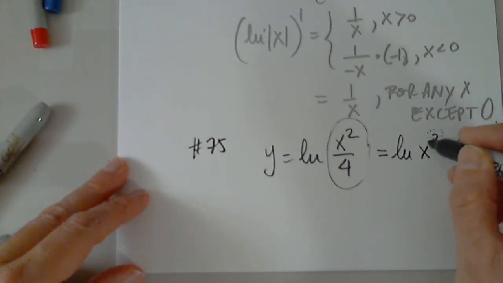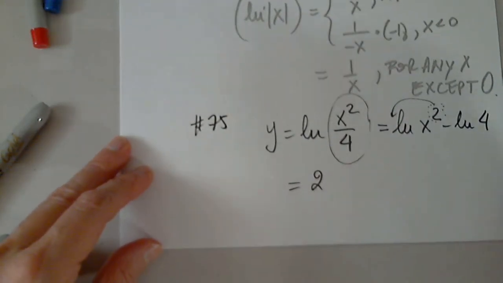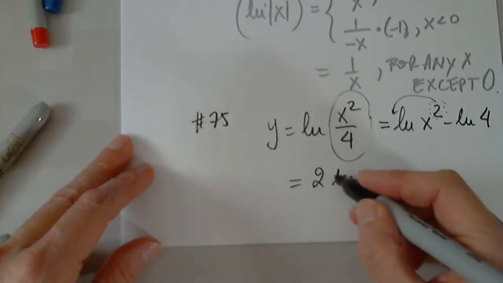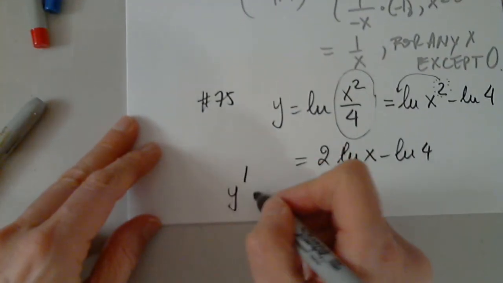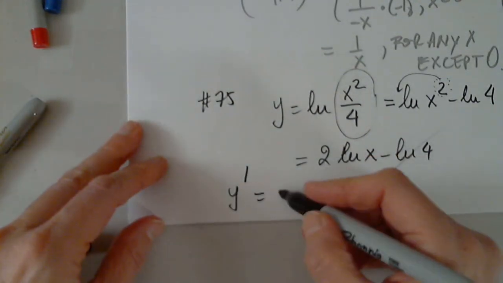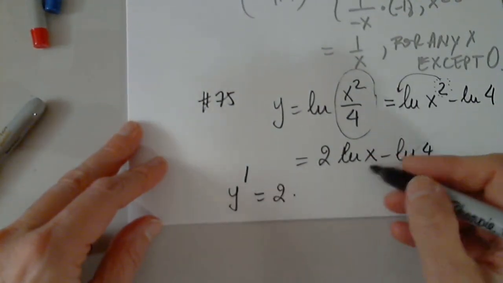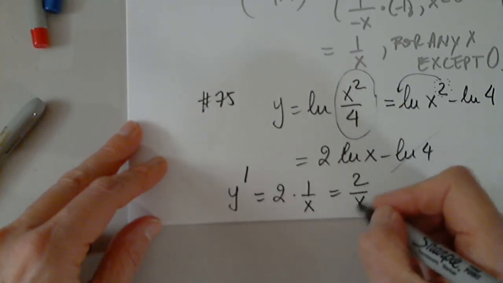Because I know the power rule, I will put 2 in front. So you know me, I always try to simplify the function before I do anything. So now when I differentiate, this is gone because it's 0, it's a constant. 2 is a factor in front, and I differentiate natural log and I get 1 over x. So the answer is 2 over x.